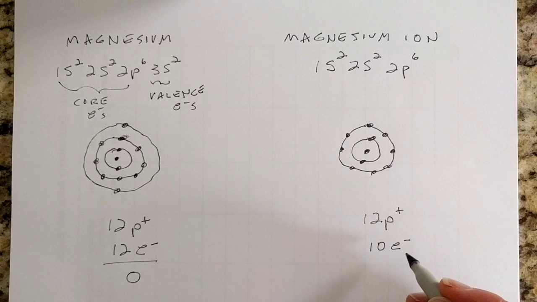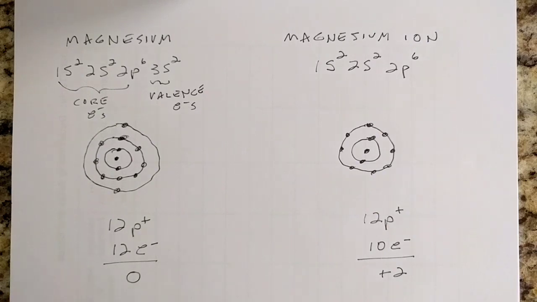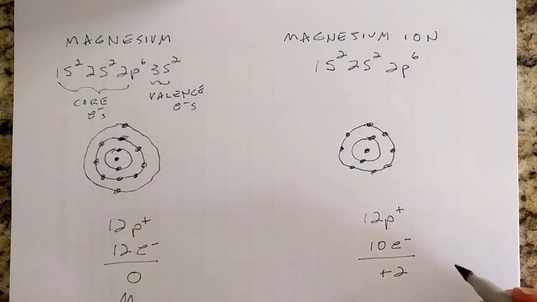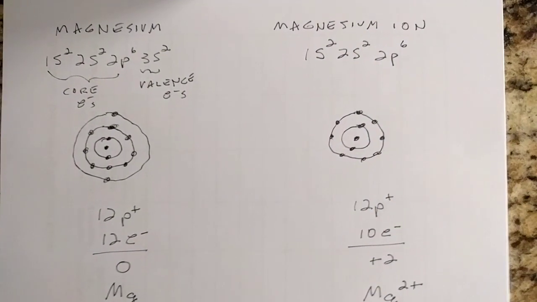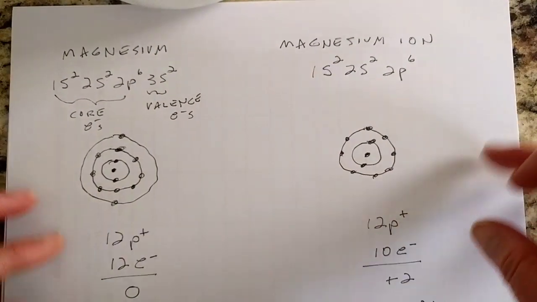Plus 12 and minus 10, we have a charge of plus 2 for our magnesium ion. The formula of neutral magnesium is Mg. The formula for the magnesium ion is Mg2+.